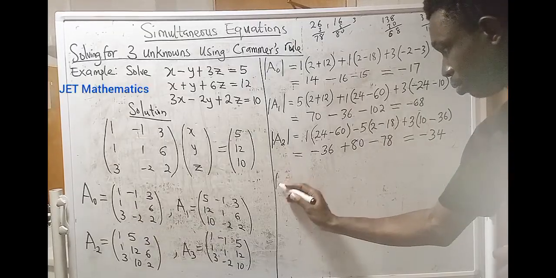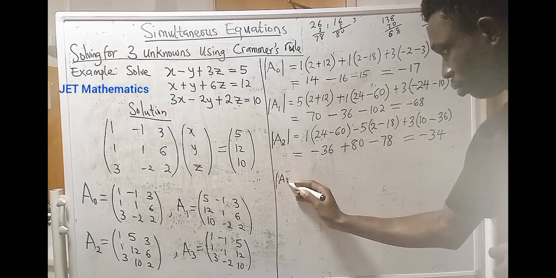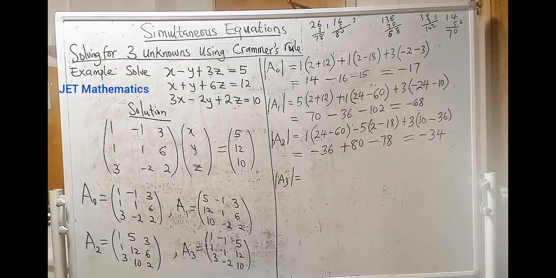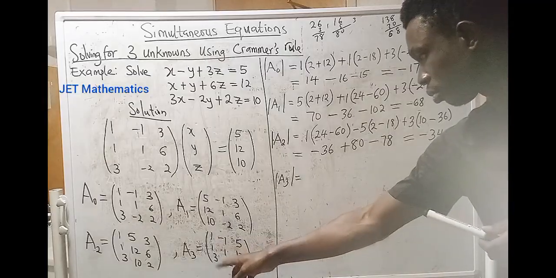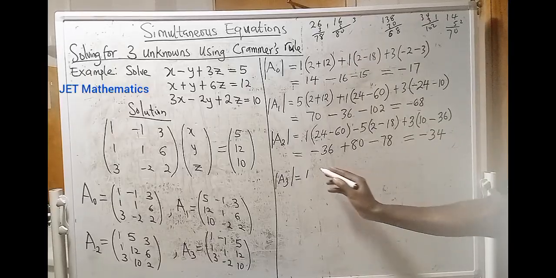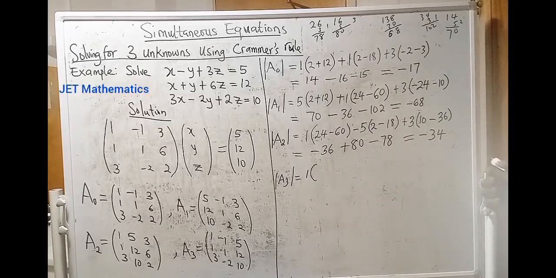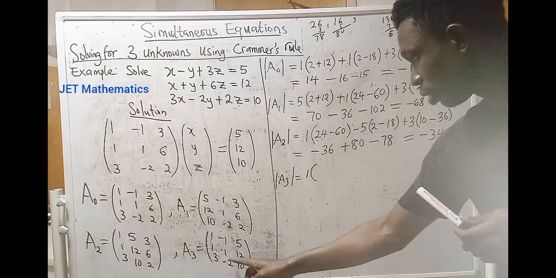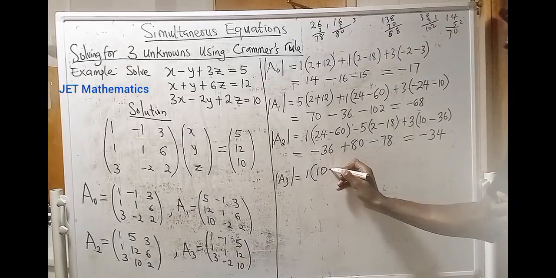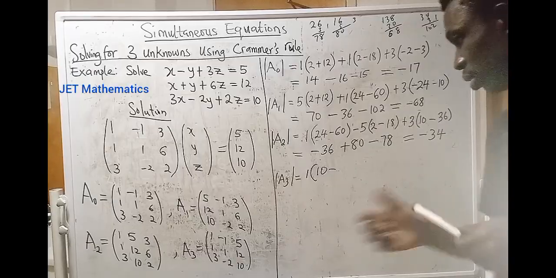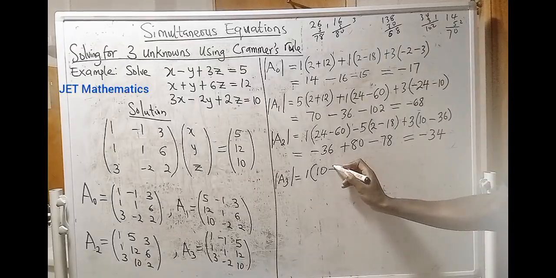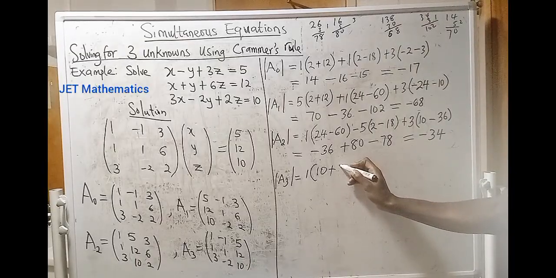Then lastly, we have A3. The determinant of A3 will be, take the first element 1, and then we have 10 times 1, 10, minus 2 times 12 is 24.